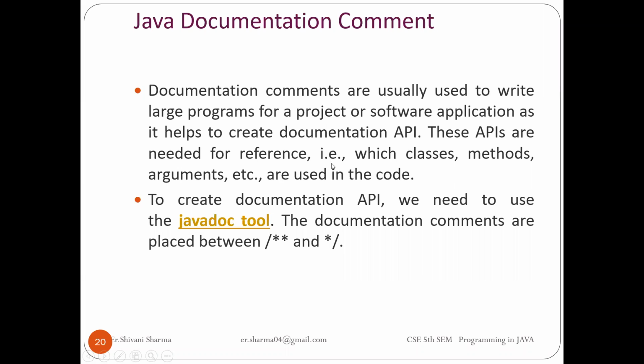For that, we always use an IDE. Till now, we were working in an editor. But whenever we want to work on this, we prefer to use the Javadoc tool, and that tool is easily available in IDEs. That can be NetBeans or any IDE.